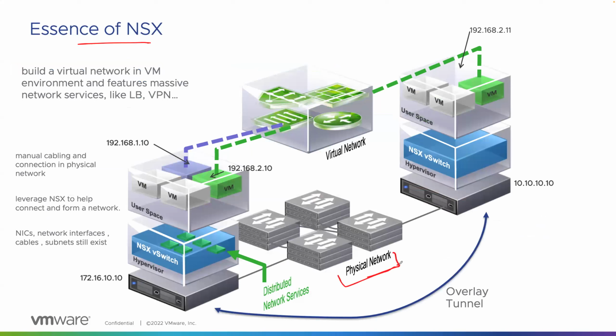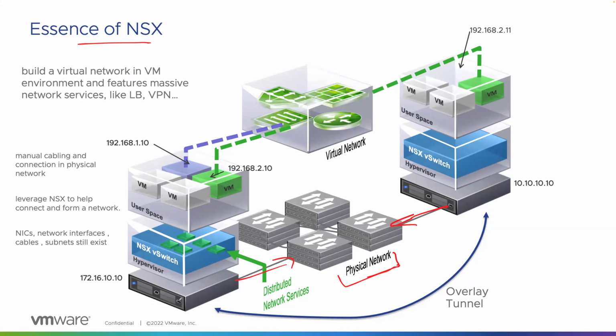No matter what your physical network is like, whether you have a campus network or an enterprise physical network, you have routers, switches and layer 3 switches connected with each other, and you have a lot of physical servers plugged onto the whole network. That's the physical network layer.